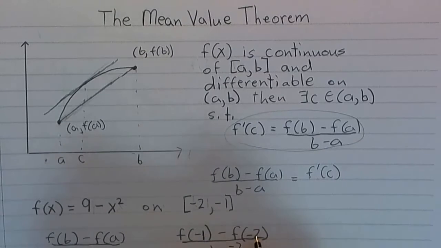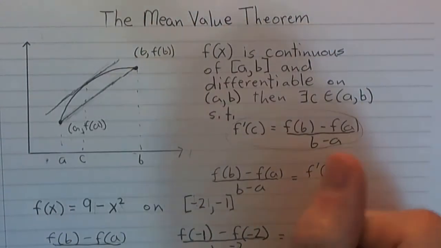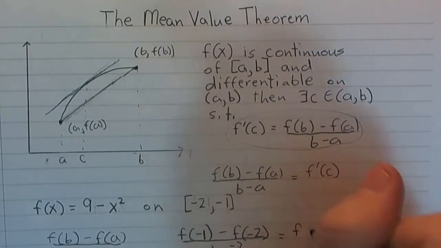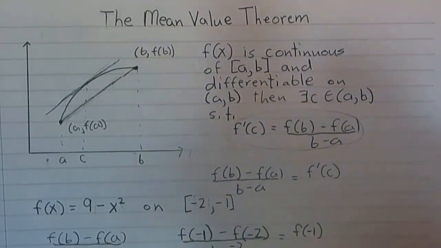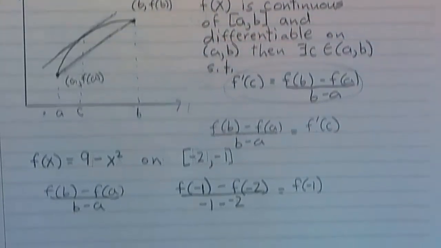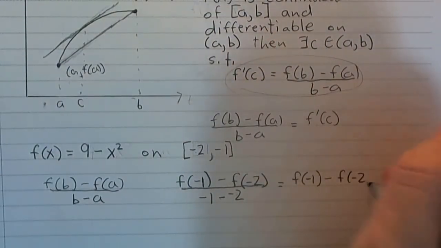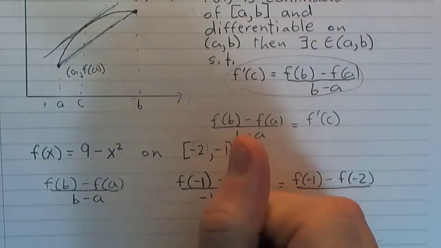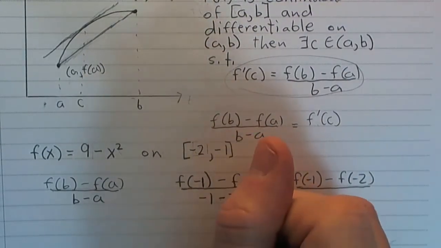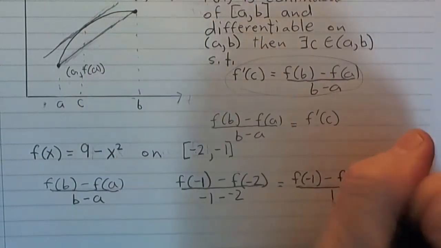See, f of b minus f of a over b minus a. So let's see what we've got here. This is going to be f of -1 minus f of -2 all over, let's see here, this is -1 plus 2, that's just 1.